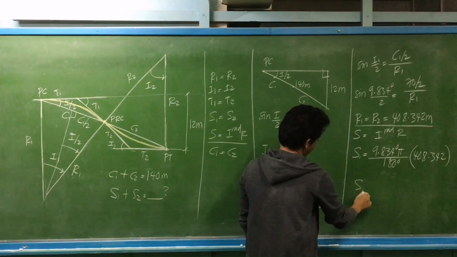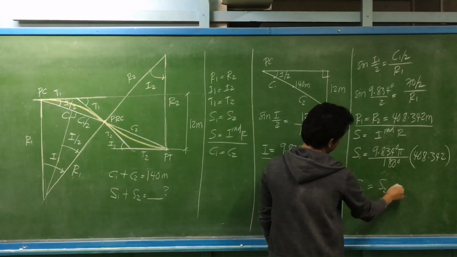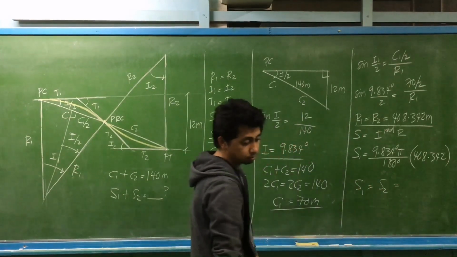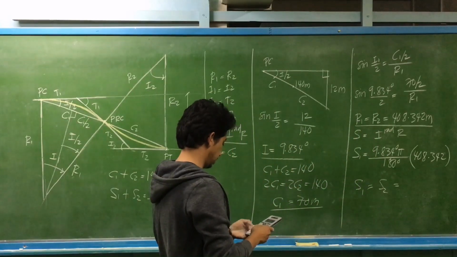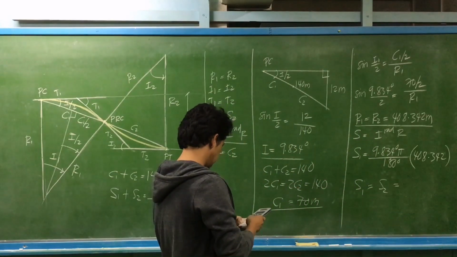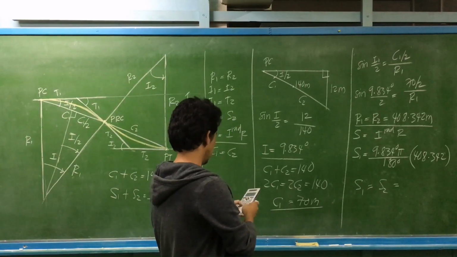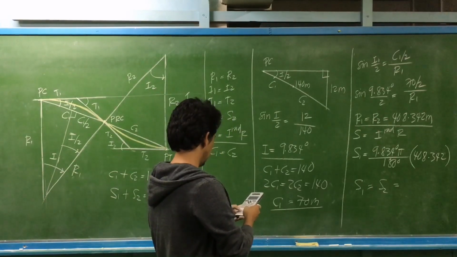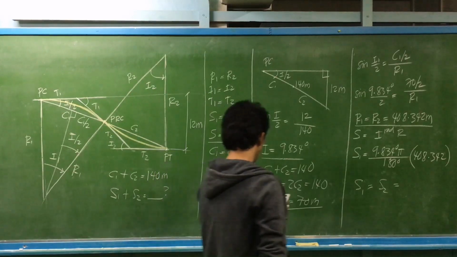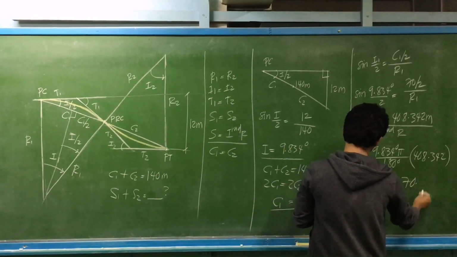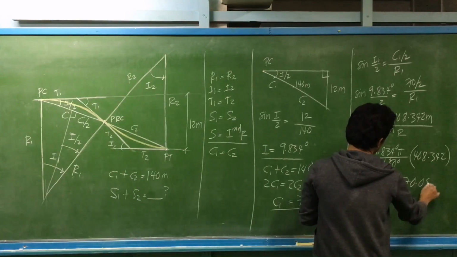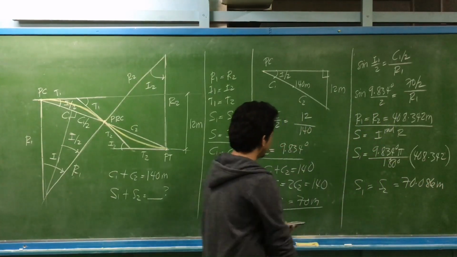So what is arc length 1, which is equal to arc length number 2? That is almost 70, it is 70.086 meters.